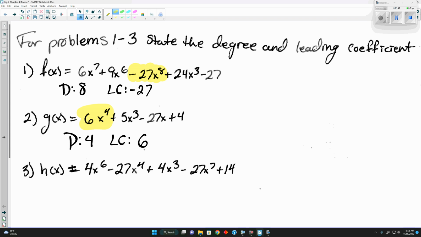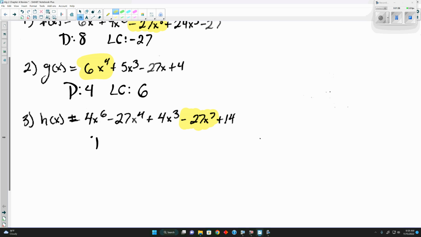And that's all we have to do for that there. The next one is the exact same, but again, just like with the first one, the first term isn't the one we'll look at. We'll end up looking at almost the last term, which is telling us that the degree is 7 and the leading coefficient is negative 27.